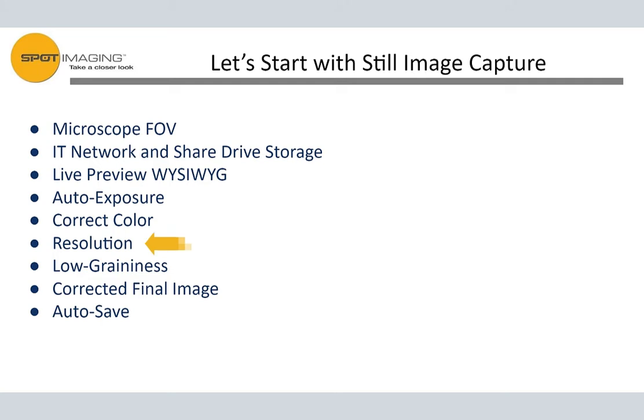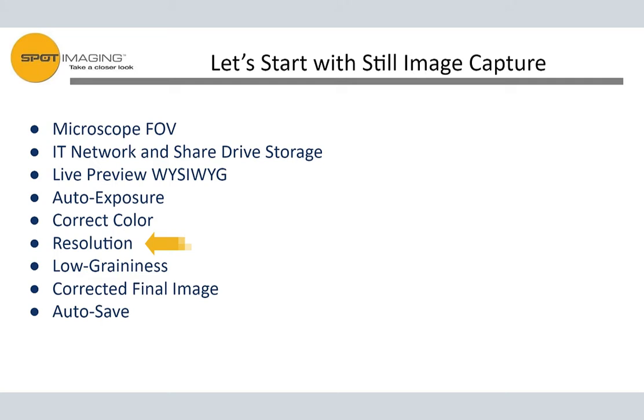Next thing is resolution. Depending on what you're trying to accomplish, you can go from low-end resolutions where you're just trying to get a dirt cheap camera on a microscope to give a basic representation of what you have there, to ones that really perform. We have the 12 megapixel, it's actually 12.3 megapixel camera.